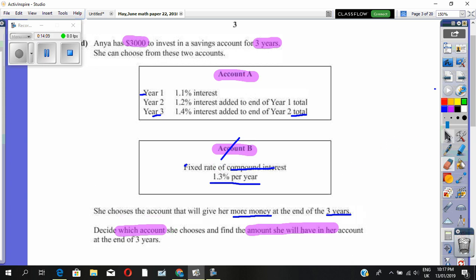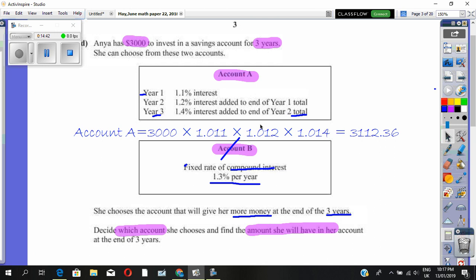Okay, let's find the amount in account A. Initially the principal is 3,000, time is 3 years, and for account A, the amount is 3,000 times 1.011, because when we change 1.1%, it is basically 1.011, and then for the second year 1.012, and for the third year 1.014.